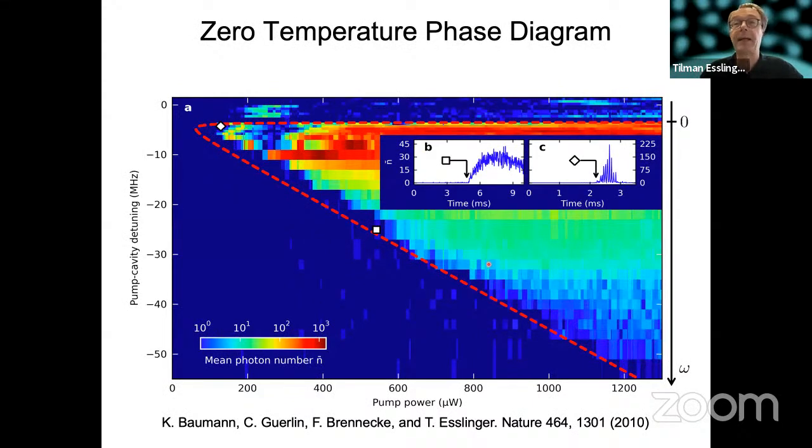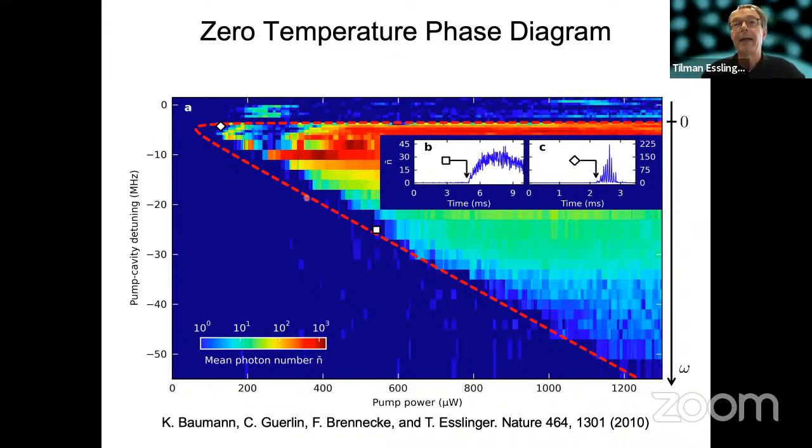Okay, and now you can look at it also as a phase diagram. In this phase diagram, you have the pump cavity detuning on the vertical axis and the pump power on the horizontal axis. And the third axis is the mean photon number, and the mean photon number is a measure of the order parameter, because the photons are scattered off the density modulation.